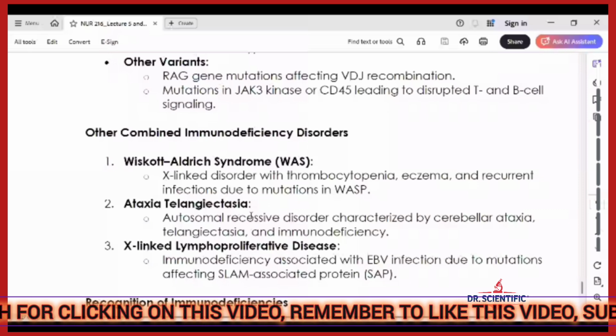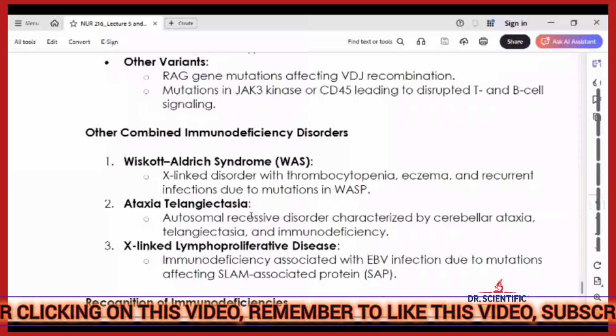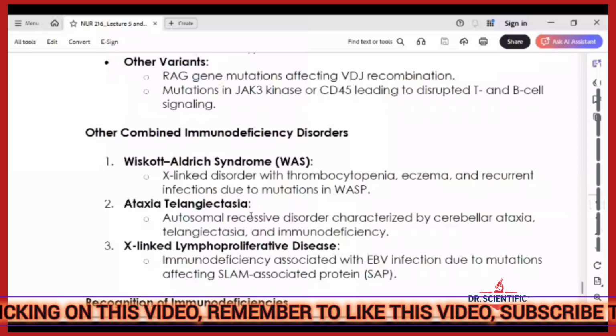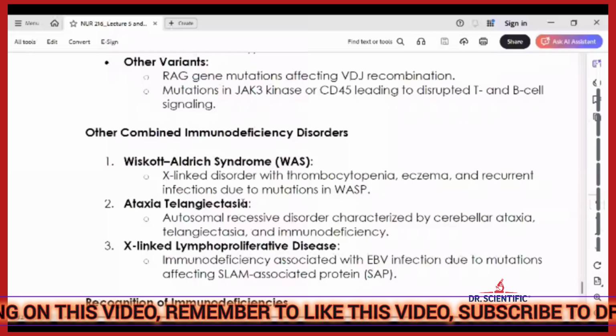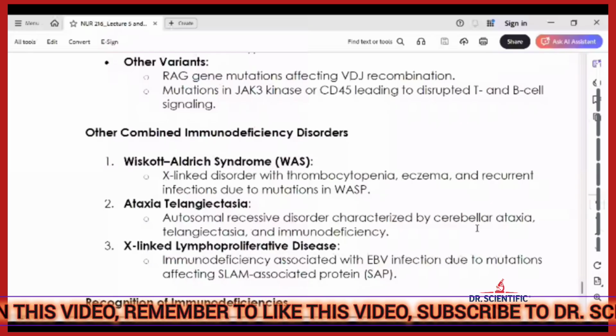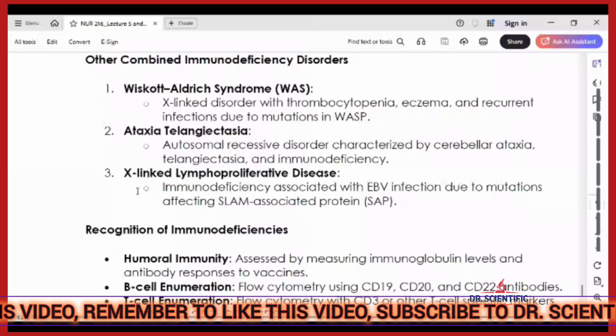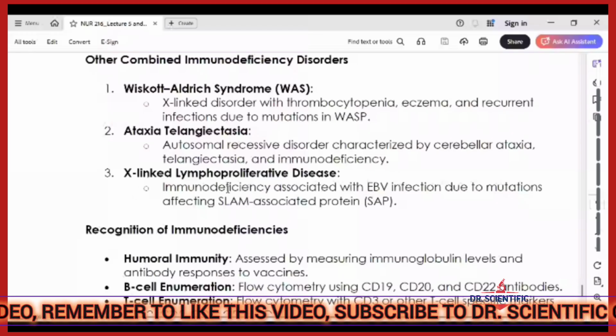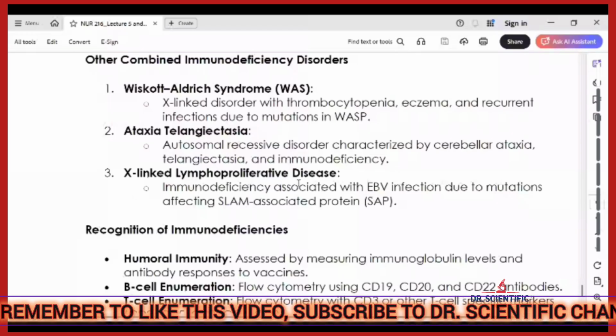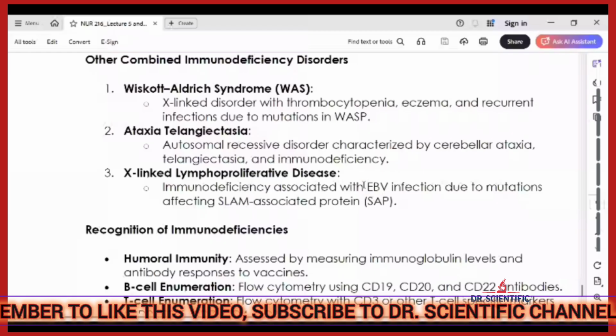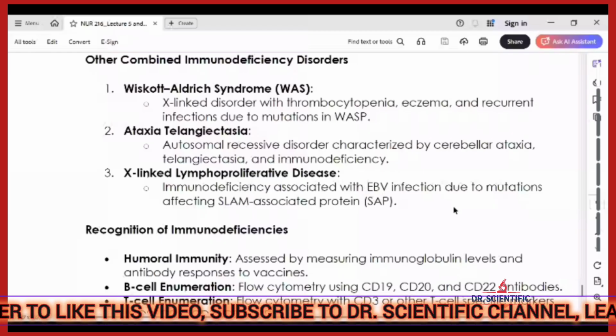We've already talked about ataxia telangiectasia, autosomal recessive, due to issues to do with DNA repair. We have X-linked lymphoproliferative disease. This one is associated with Epstein-Barr virus infection, the EBV.